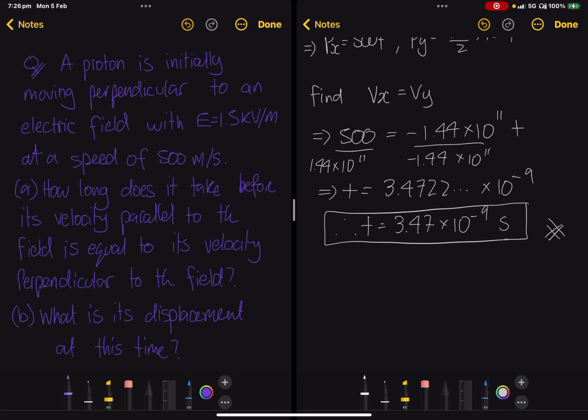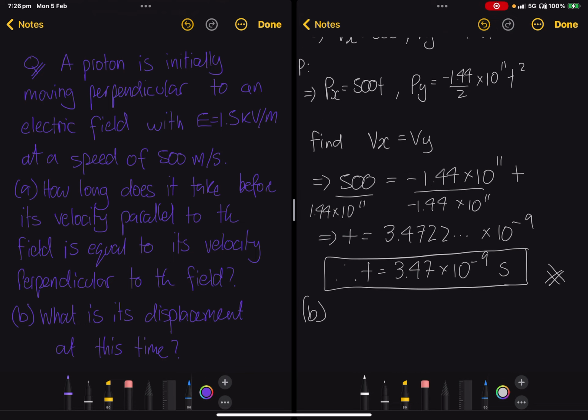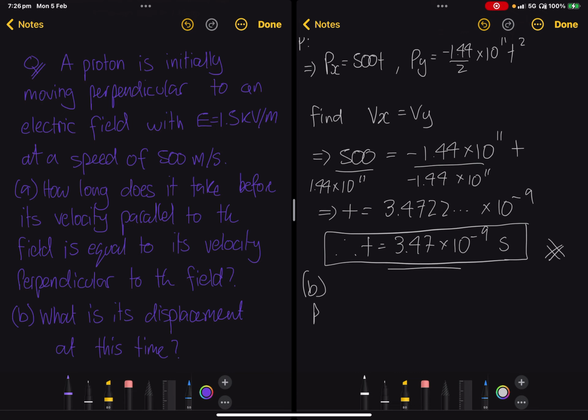Now part B, we're asked, what is its displacement at this time? So now we need to use the position formulas. We need to evaluate these formulas at this time, then do the square root of the sum of squares. So we have the position in x, we'll call this value here t1.